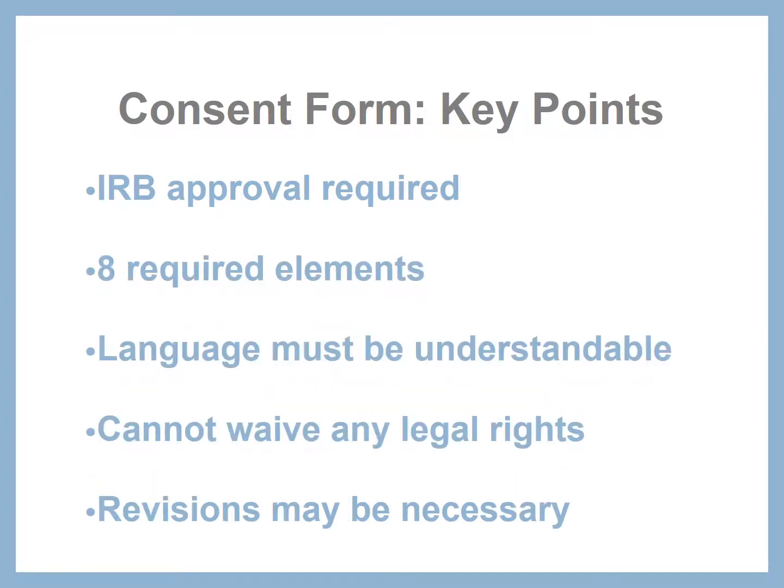And you have to bear in mind that revisions may be necessary. Once the IRB approves the consent form, at some point in the future they might need to review and approve a revision. A very common example is that the adverse events change. The risks of participating in a trial change the more people you have participating.